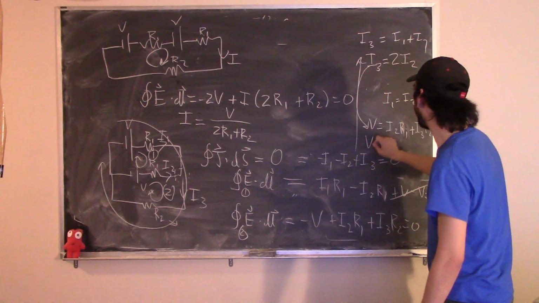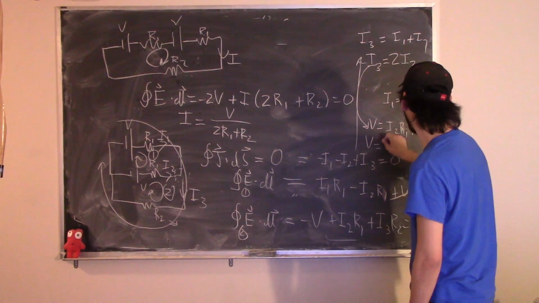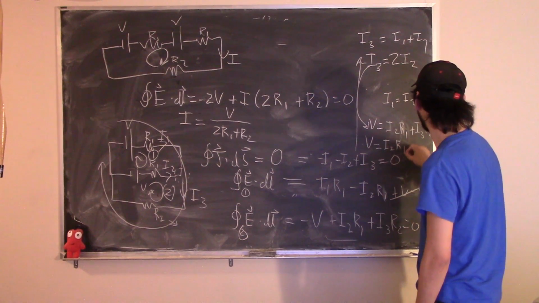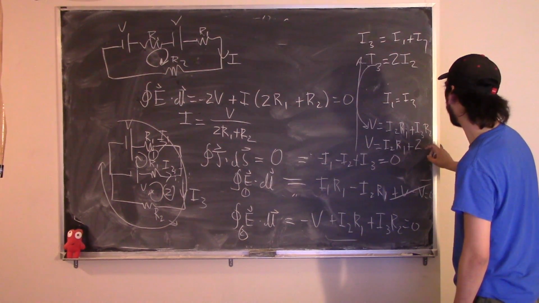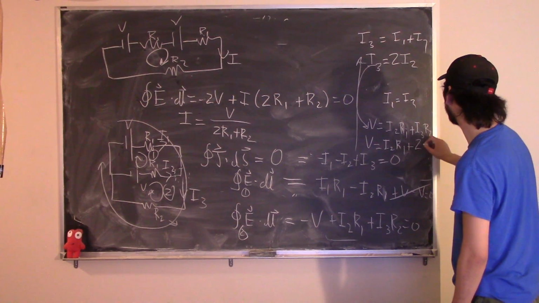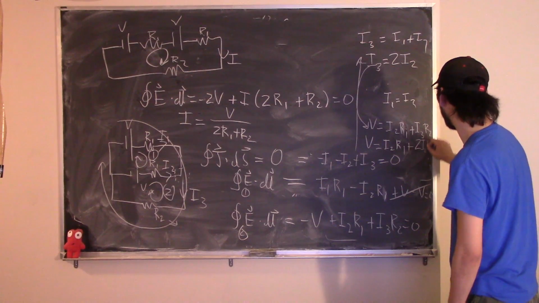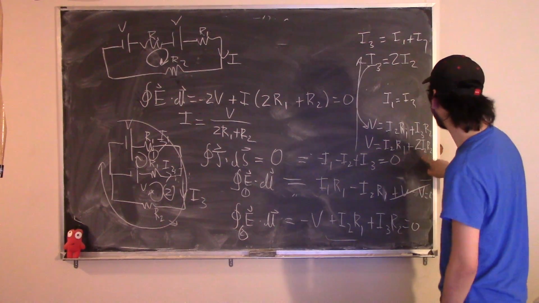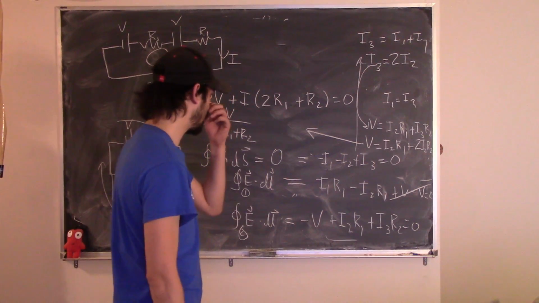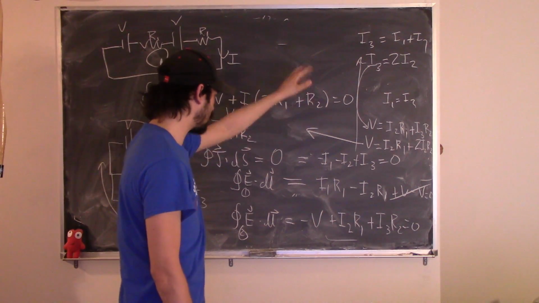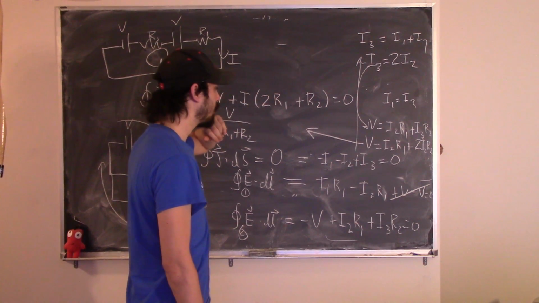So when I do that, V is going to be equal to I2 R1 plus 2 times I2 times R2. And so what this says then from this equation, now I'm making a mess of the way that I'm doing this, but I think you can follow the process if you're listening and seeing the lines that I'm drawing.